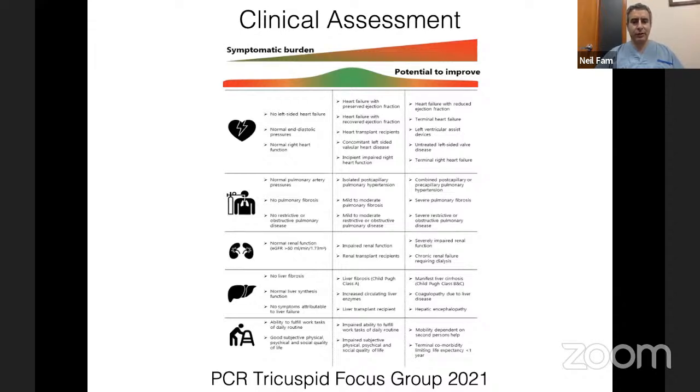Their kidneys and liver still work fine, and they're not frail. Now, on the other end of the spectrum, patients who have biventricular heart failure, recurrent hospitalizations, precapillary pulmonary hypertension, lung disease, cardiorenal, cardiohepatic syndrome, and frailty, these represent patients that are probably too far gone and are best avoided.